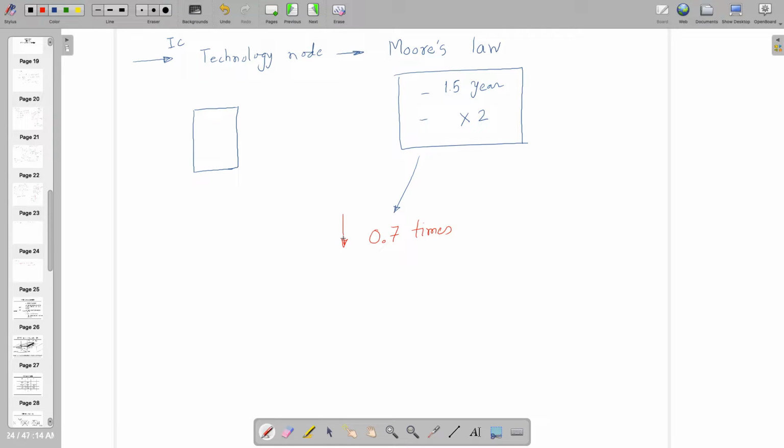So there are some specific things happening. And this was possible because Moore was running his own company. So he was saying that this is the law for my company, and every other company has followed him blindly. That's why it becomes Moore's law. So 0.7 times it has to be decreased.